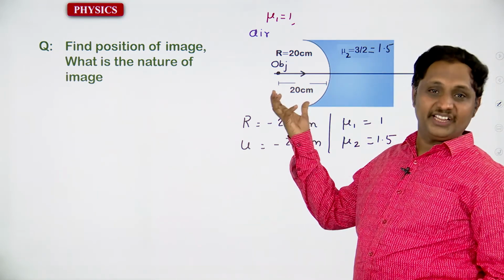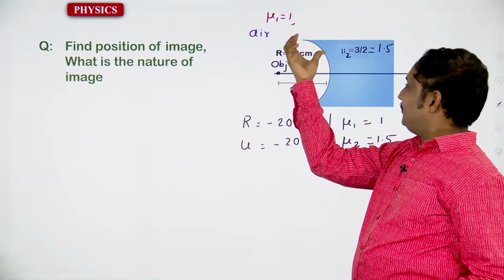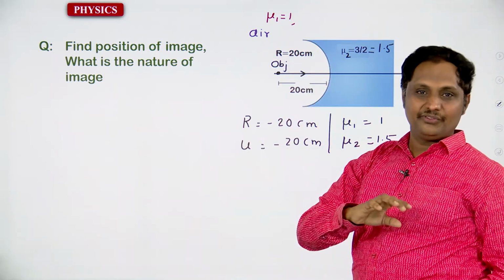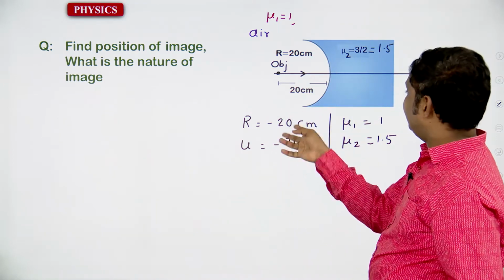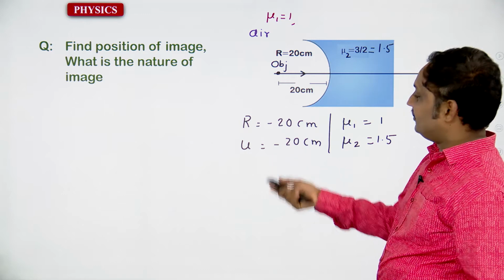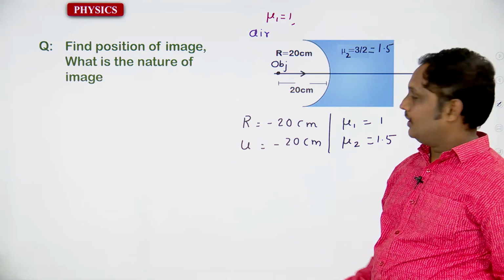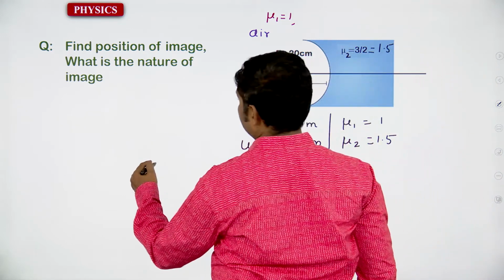While you are going to take the sign convention, this is the single concave refracting surface. We have to confirm its R is going to be negative, that's minus 20 centimeter. Object distance is minus 20 centimeter. Let's have the formula and the substitution.